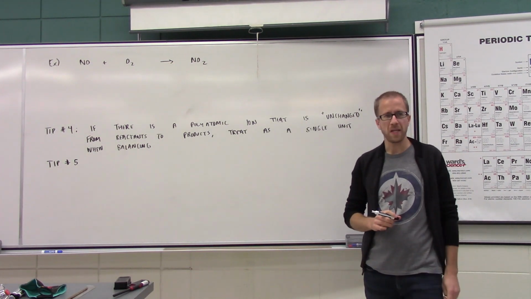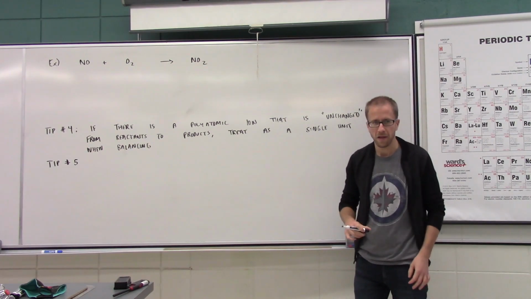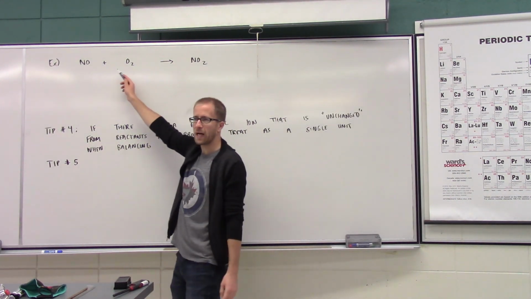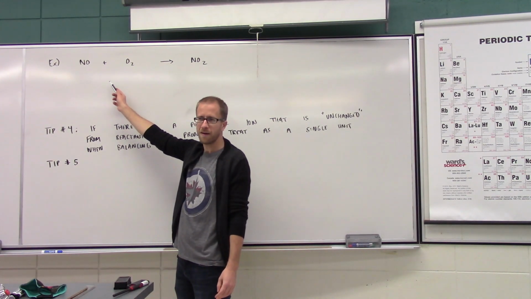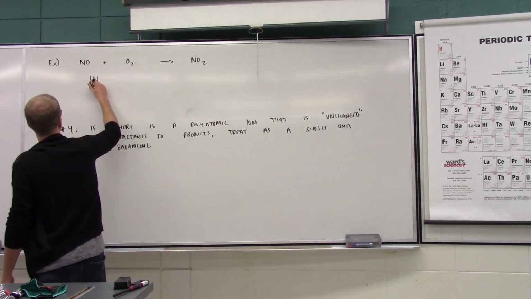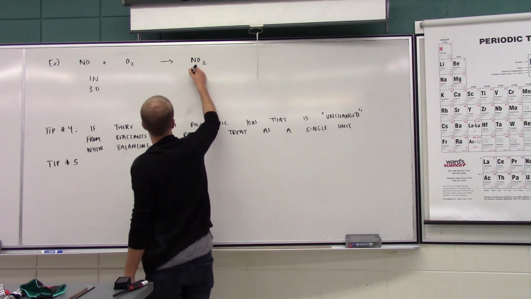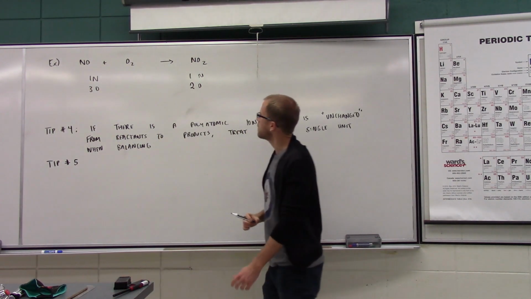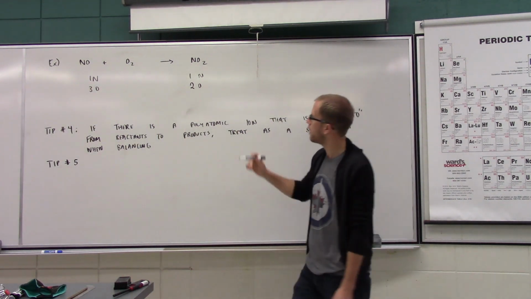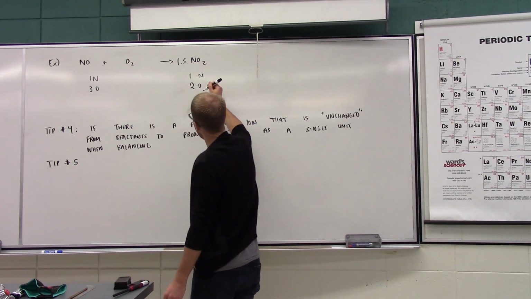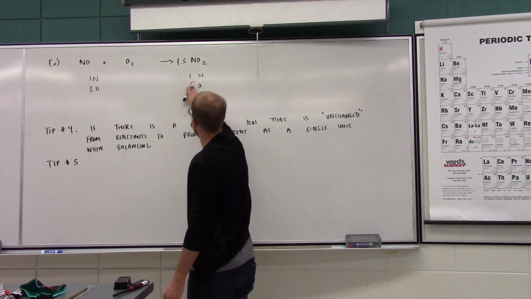Often when students try to balance this, this is the thought process they'll go through. How many oxygens do I have on this side? We have 3, right? So we have 1 nitrogen, we have 3 oxygens, and 1 nitrogen, 2 oxygens. Often students will say, I need to put a 1.5 here, because then I have 3 oxygens.